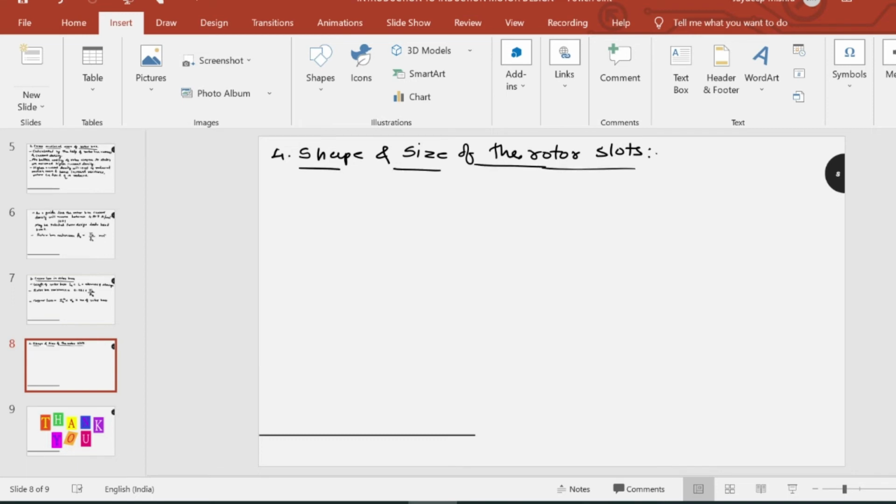Generally we have to use semi-closed slots, or closed slots with very small and narrow opening, for the rotor slot. What is the semi enclosed slot? Look into the picture, I will draw.